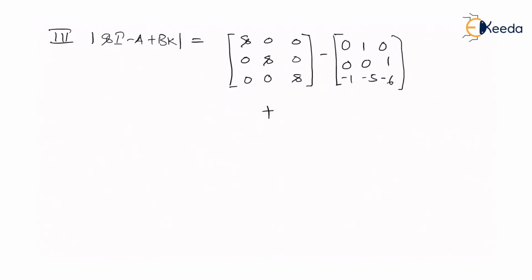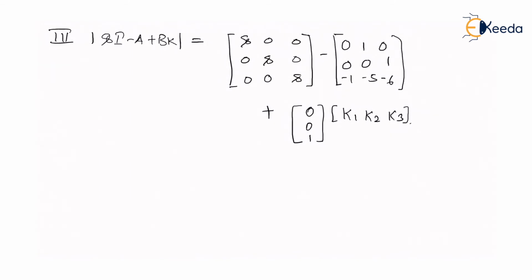Plus B into K. What is B now? B is 0 0 1 and K becomes K1 K2 and K3. Students, please make a note, since it's a third order system, we have taken K as K1, K2, K3. In the previous problem, since it was a second order system, we have taken K as K1 and K2. Please make this note very carefully.